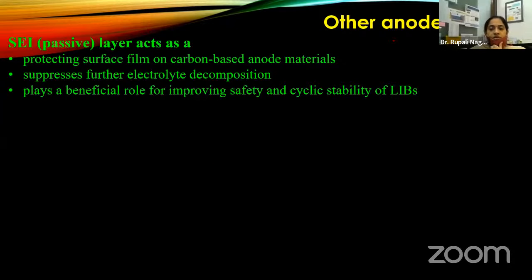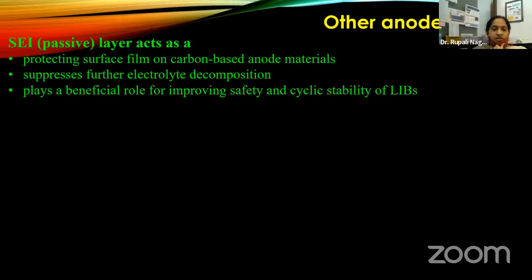Before I go to the other anode variants, let us quickly recapitulate what was the solid electrolyte interface. So as I told you that this is a layer which is formed whenever the electrodes are in direct contact with the electrolyte. So a passive layer forms, and in a way it helps because once the exposed part to the electrolyte has this protective coating, you can say, it further does not allow the fresh electrolyte to come and meet this contaminated part.